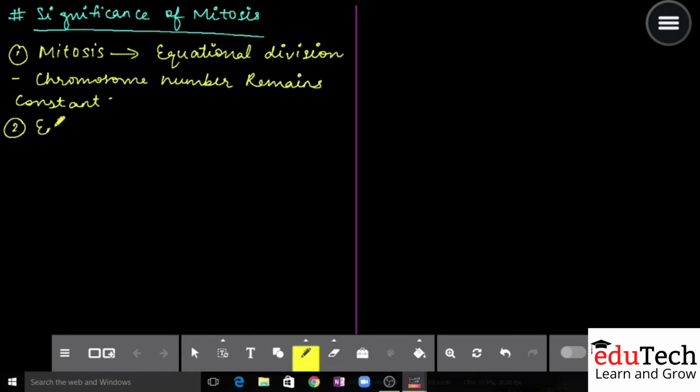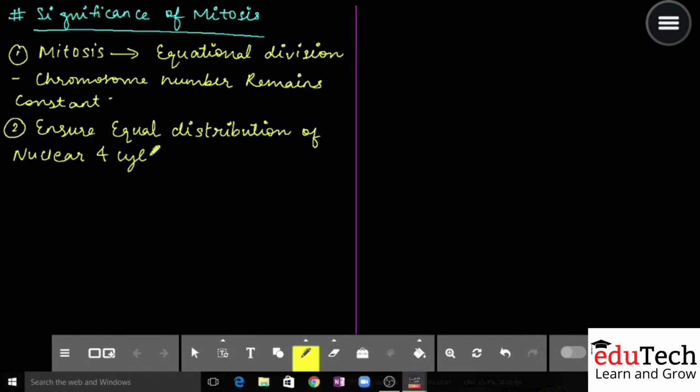Now mitosis will ensure equal distribution of nuclear and cytoplasmic कंटेंट। मतलब न्यूक्लियस के अंदर का कंटेंट और साइटोप्लाज्म के अंदर का कंटेंट का इक्वल डिस्ट्रीब्यूशन होगा between daughter cells.